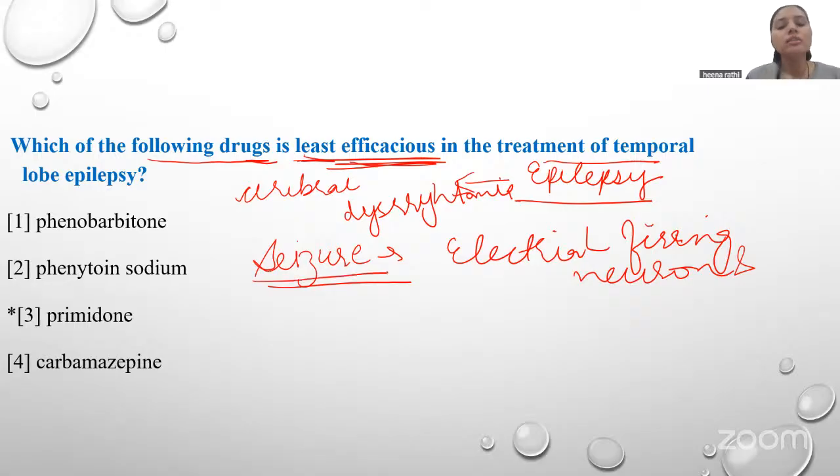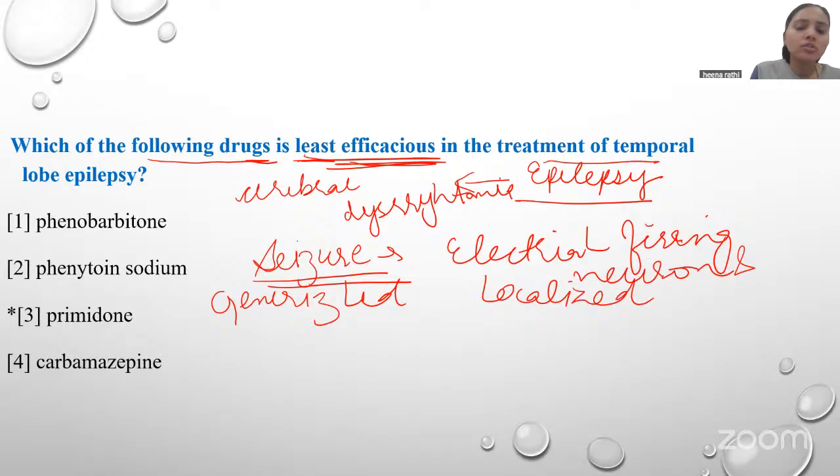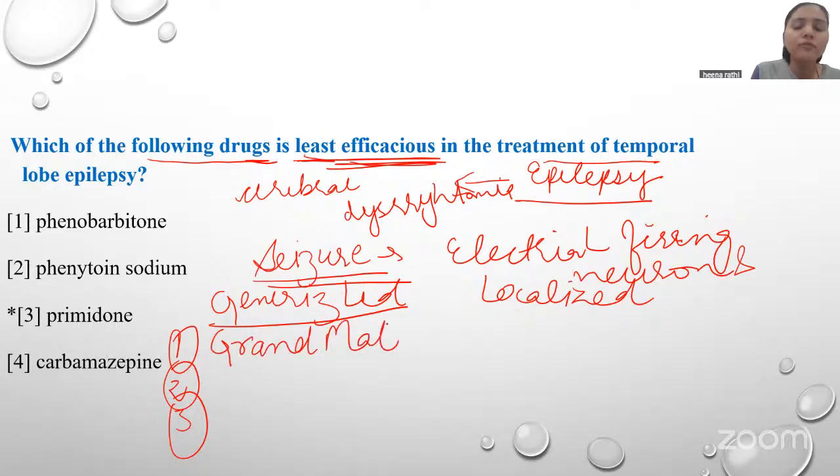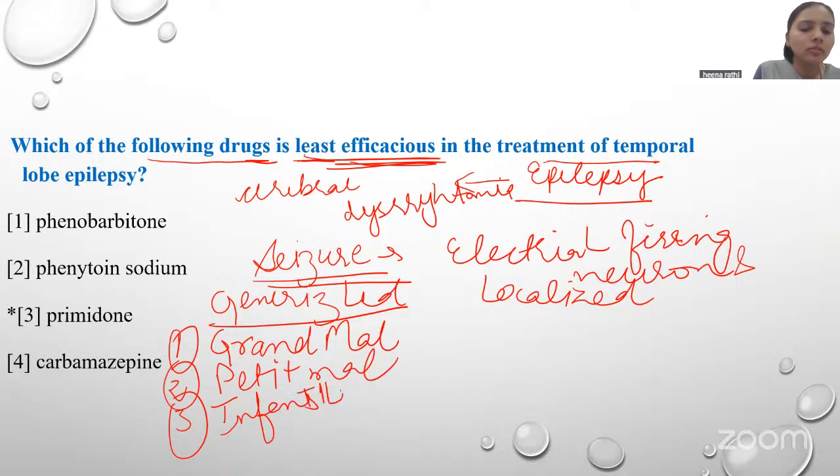Now, according to which type of seizure is arising in the person, we have divided epilepsy into various types. First is generalized epilepsy, second is localized epilepsy. In the generalized, we have various types. First is grand mal epilepsy. According to the type of seizure, we have to give our anti-epileptic drugs. Grand mal epilepsy, petit mal epilepsy, infantile spasm, and myoclonic seizures.